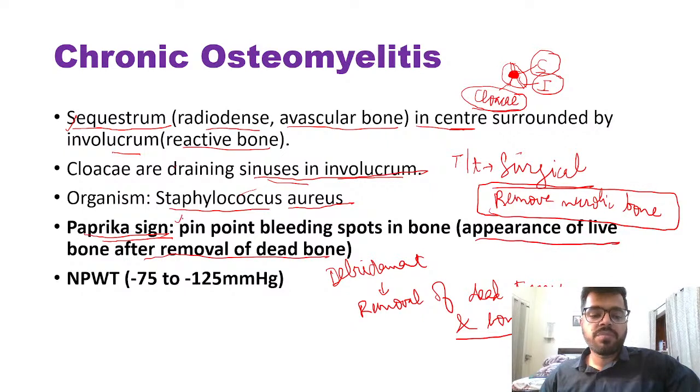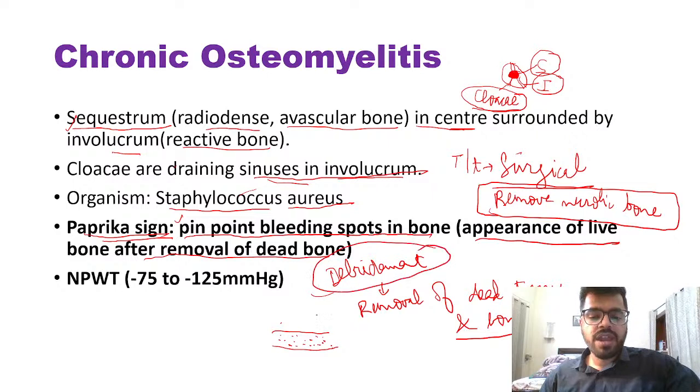This is called the paprika sign. There will be pinpoint bleeding spots in the bone, that is punctate bleeding. The live bone will bleed. For example, this is the bone surface. It will have punctate bleeding spots. Multiple bleeding spots will be there on live bone. That's how we know that the debridement is adequate.